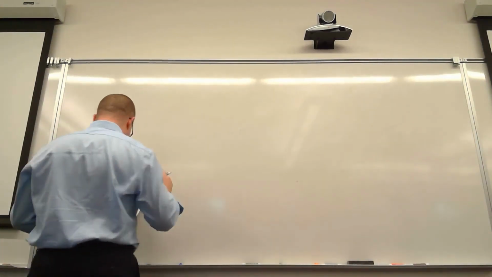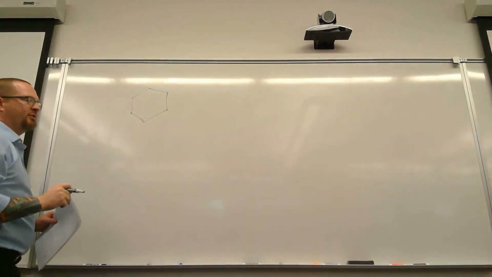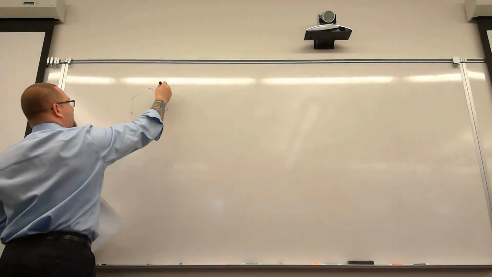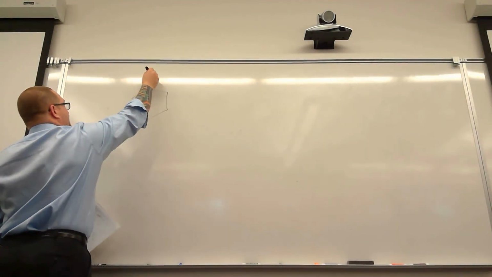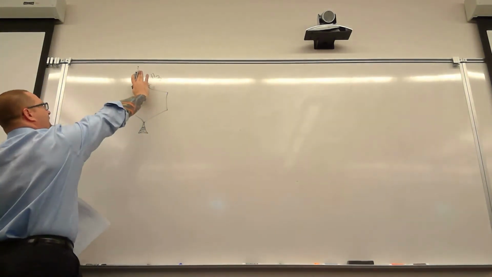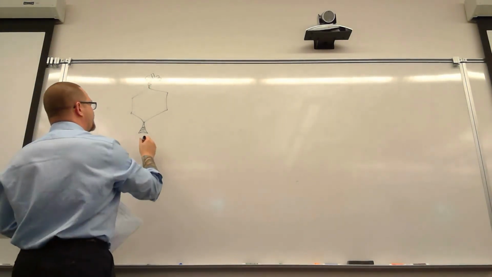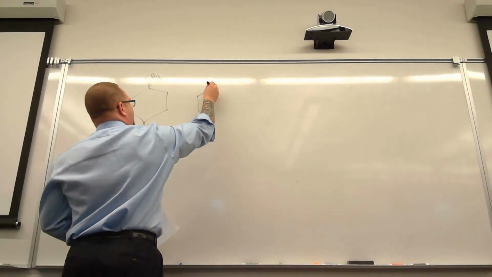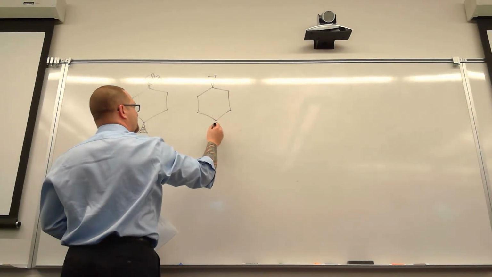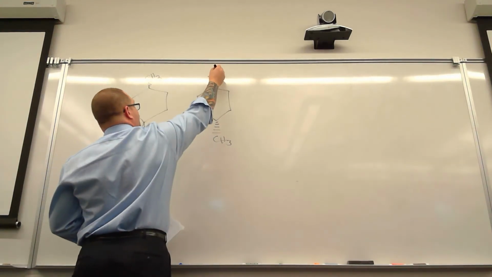All right, so let's talk about sidedness. When you have two groups on a cyclic system, we need to be able to talk about their relative orientation. So if I have a methyl here and a methyl here, and these are both coming up out of plane, and then the other thing's down underneath pointing away from plane, that's going to have a different chemical property than this one, where one is up out of plane and the other one is into plane.